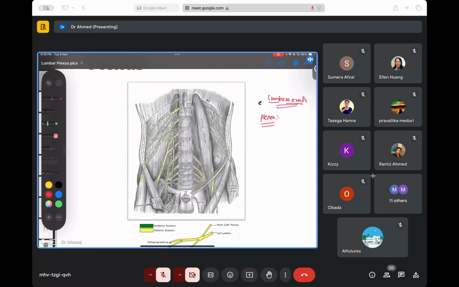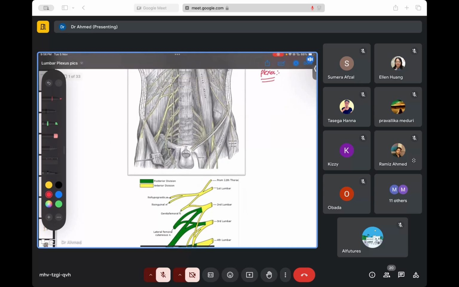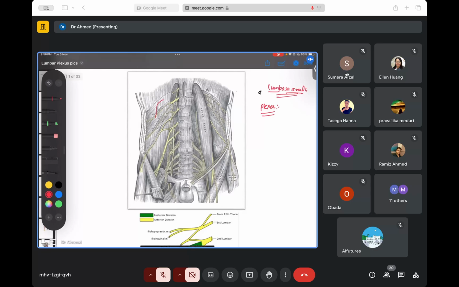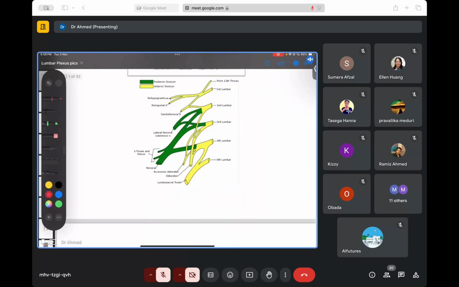So those network of nerves which are coming out from the lumbar and the sacral region of your spinal cord are known as lumbosacral plexus, right? So here you guys can see this is your lumbar region, and these plexus or network of nerves coming out from the lumbar region are known as lumbar plexus, and those coming from the sacral region are basically known as your sacral plexus.